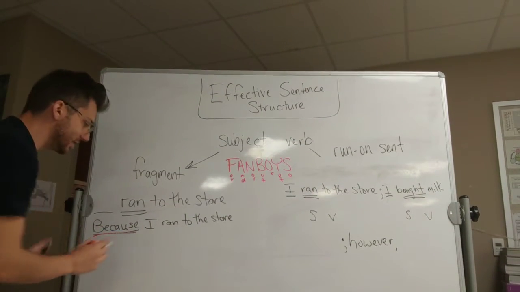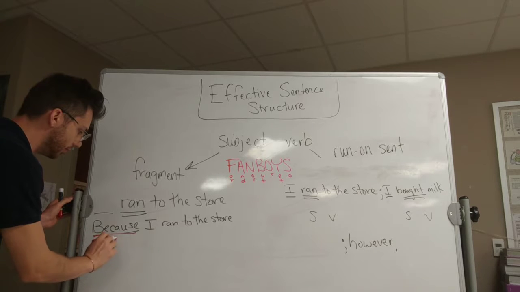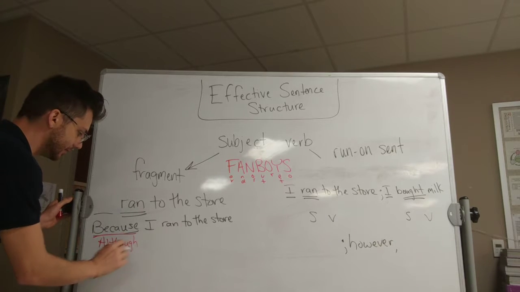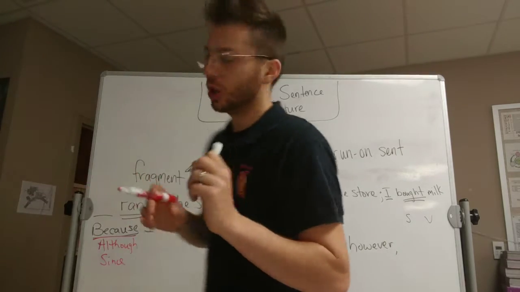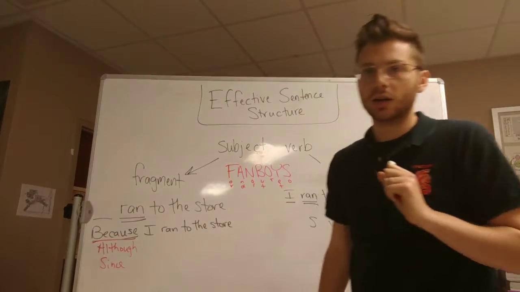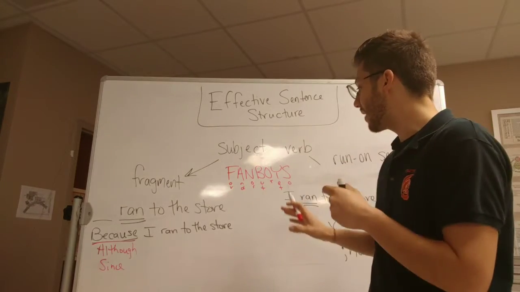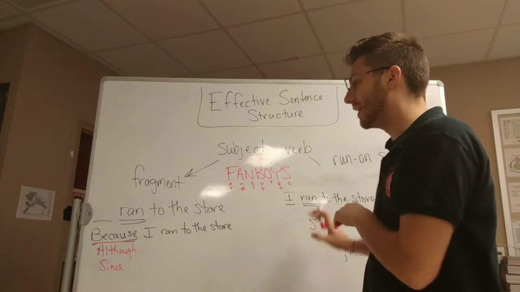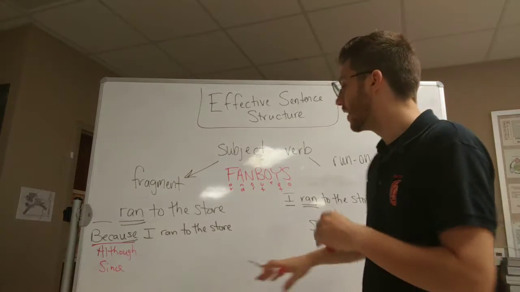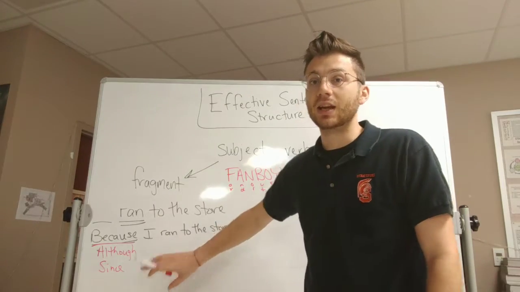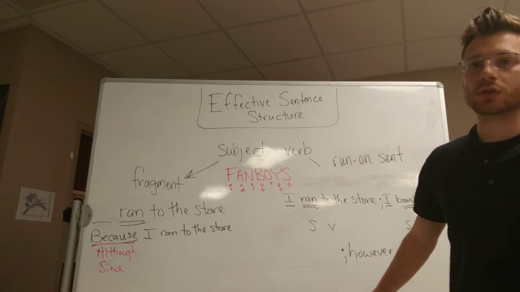So because, or although, or since. Words like that are subordinating conjunctions and can be used at the beginning. So if you're looking for a fragment or if you're looking for a way to connect it, remember that conjunctions don't always go between the two phrases. They can sometimes go at the beginning, but you still need to connect them to somewhere.